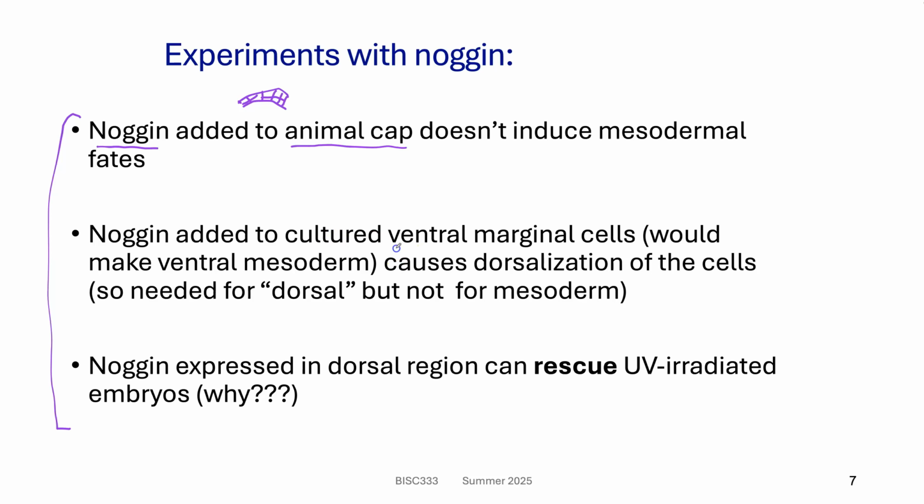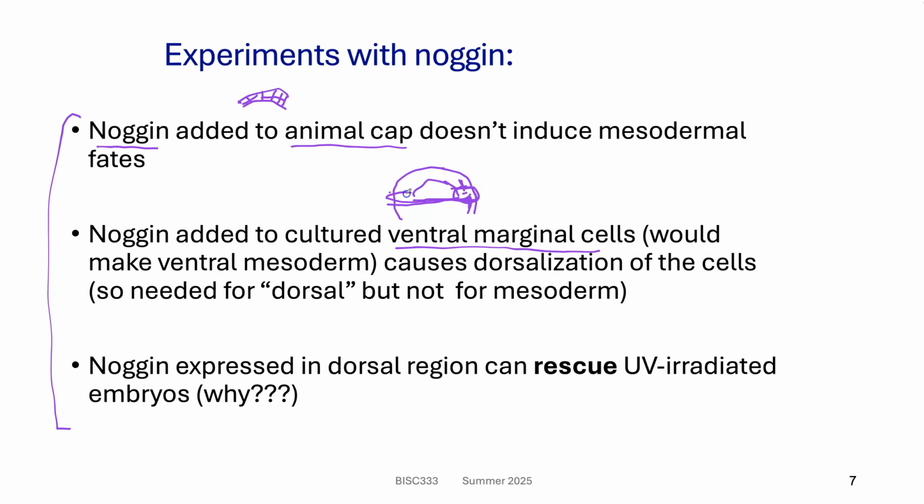But if you have some cultured marginal cells, remember, if we're looking at our blastula embryo, you've got your endodermal cells and your ectodermal cells, and where they meet is this region called the marginal zone. This is where all the signaling that we talked about in lecture 21 happens, that promotes the formation of mesoderm and then represses the formation of mesoderm, so you get animal cap cells forming mesoderm in a band around the center of the blastula embryo.